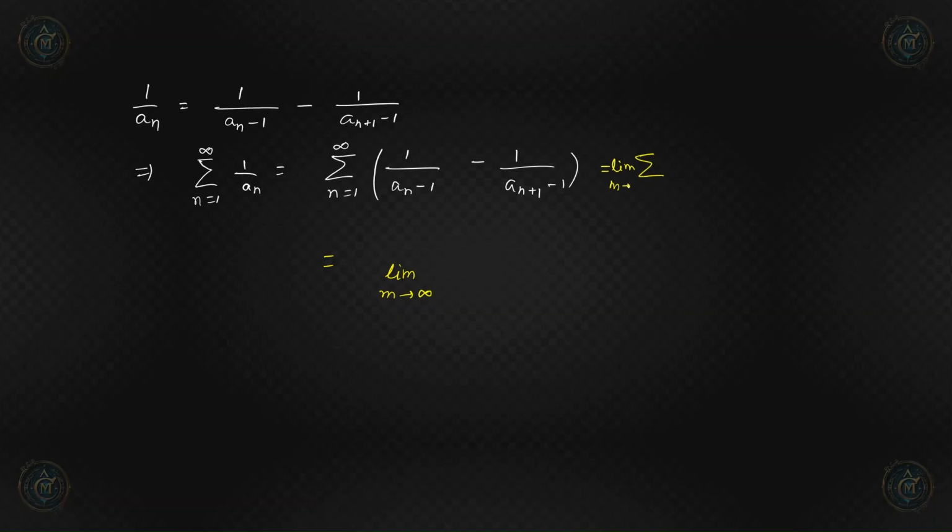Okay, this is n equal to 1 to m, 1 by a_n minus 1 minus 1 by a_{n+1} minus 1. Okay, this is nothing but 1 divided by a1 minus 1 minus 1 divided by a_{m+1} minus 1.